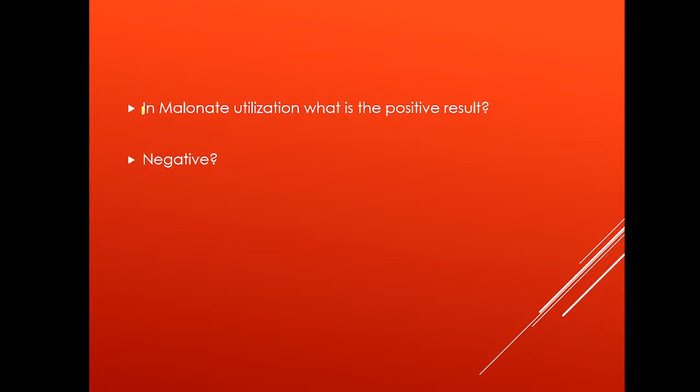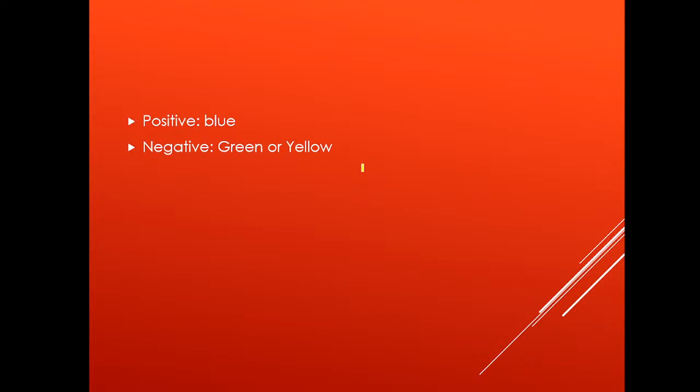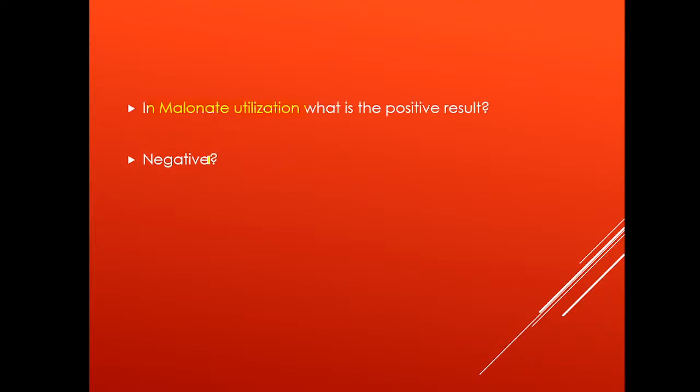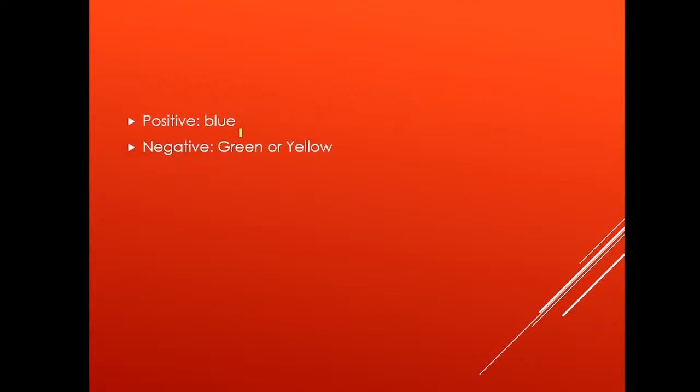When I searched the internet, it just says malonate, and the color indicator is bromcresol purple as well, but it depends on the manufacturer of the malonate utilization kit that you're using. So positive color will be blue, and the negative color is green for malonate utilization. I wish I had removed this, but it's still there.